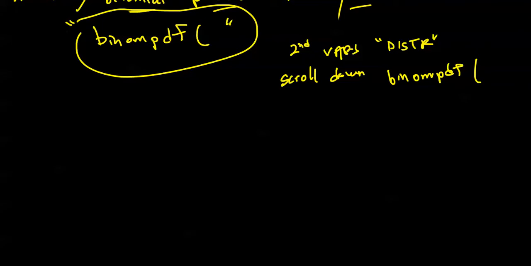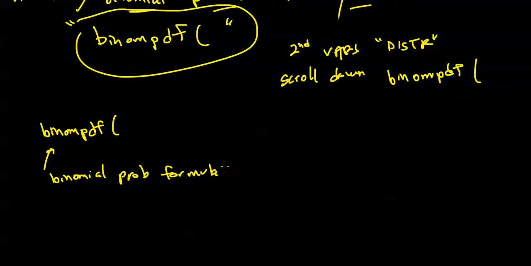Okay? Now the binomPDF, again, is the TI-83/84 version of the binomial probability formula. And let me give you the syntax. Now, the syntax goes like this, not very complicated. You've got to plug in an n, a p, and an x.